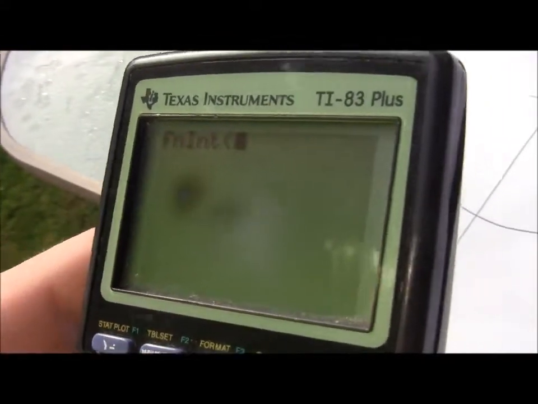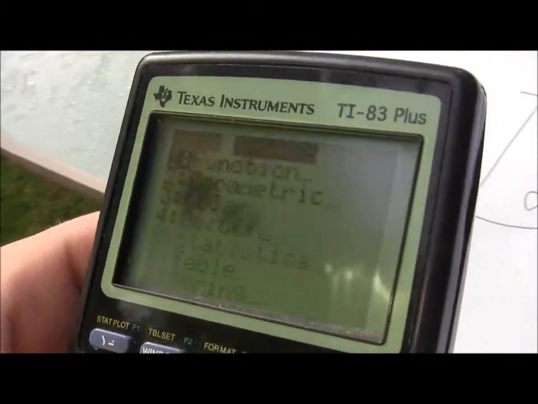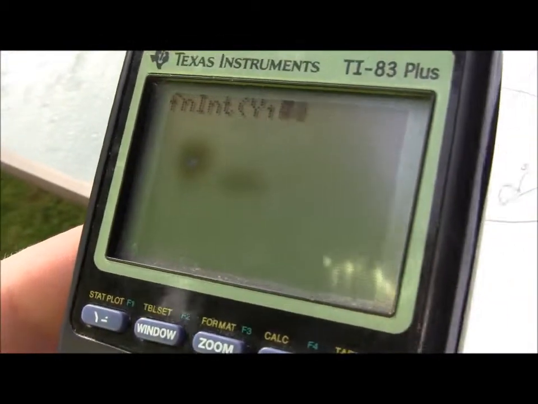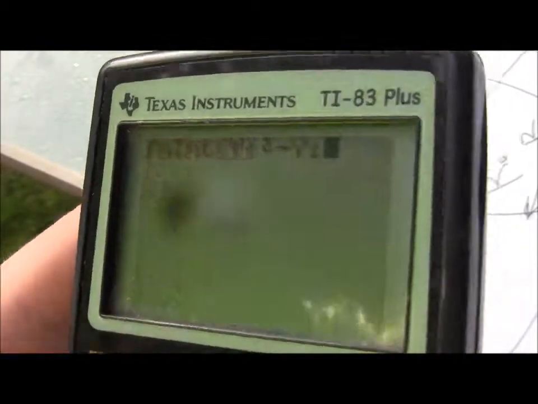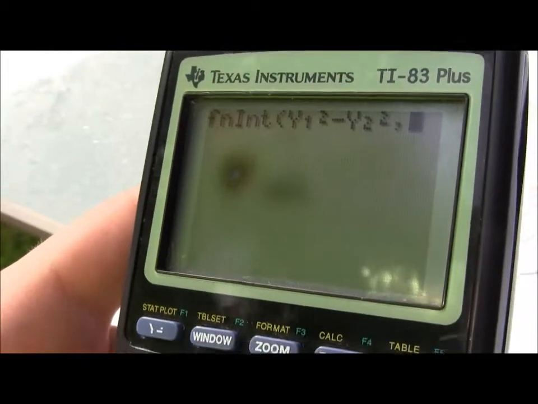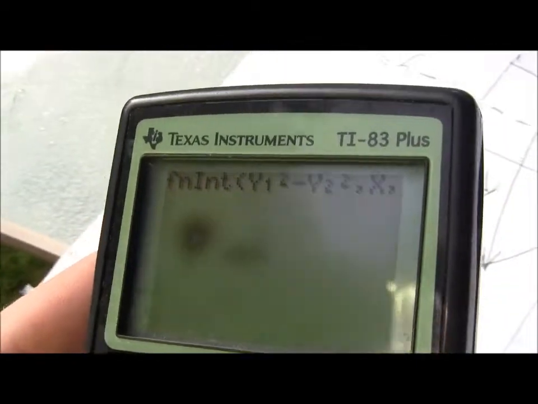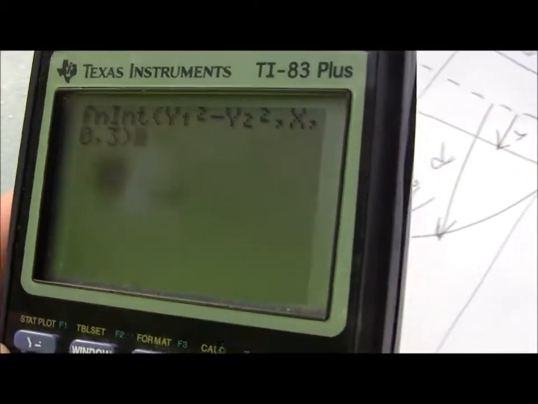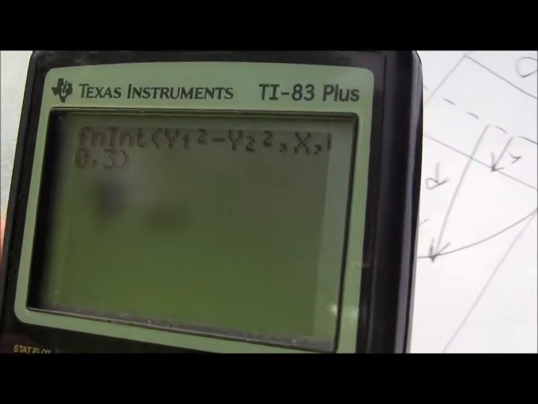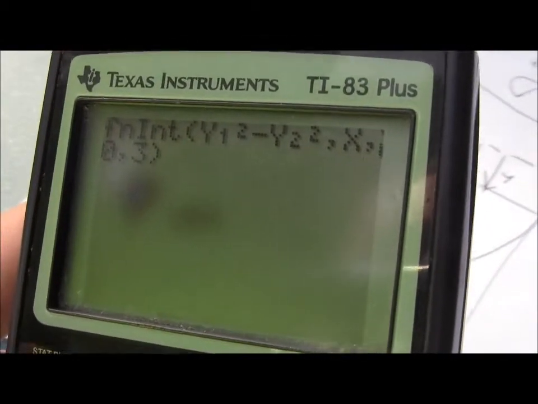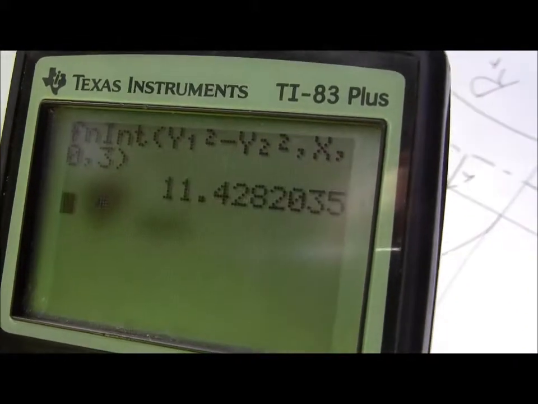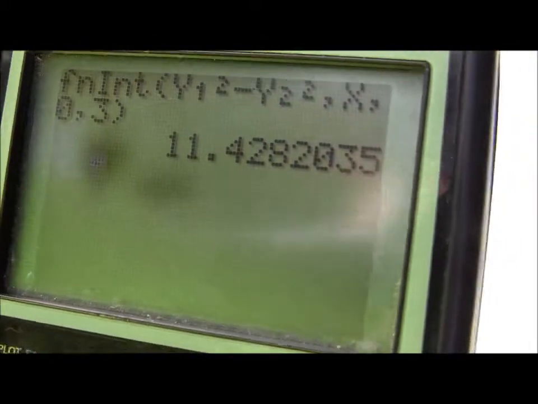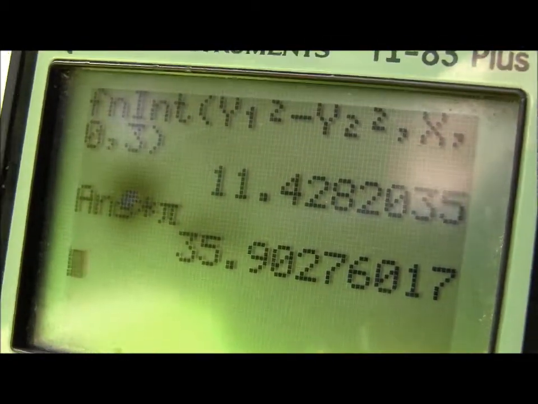Go back and type that in, hit vars, y vars, y1 squared minus vars again, scroll over, hit function, y2, square that, hit comma, everything else is the same. x, 0, 3, and that's going to come out to 11.42, big number, multiply it by pi, 35.903.